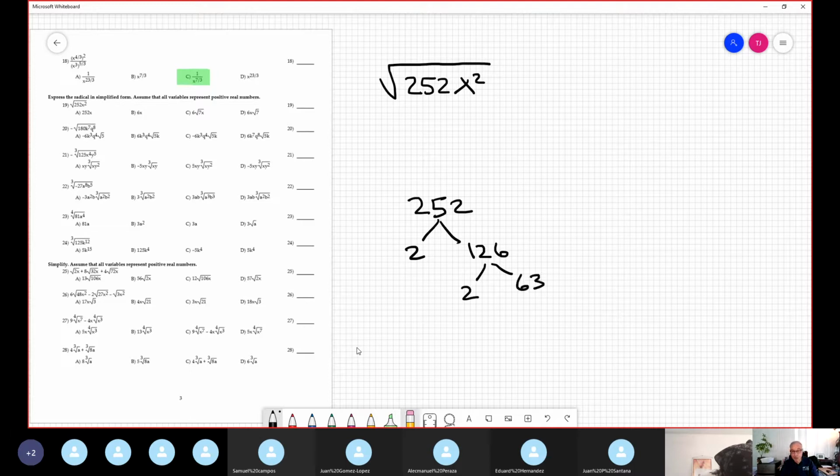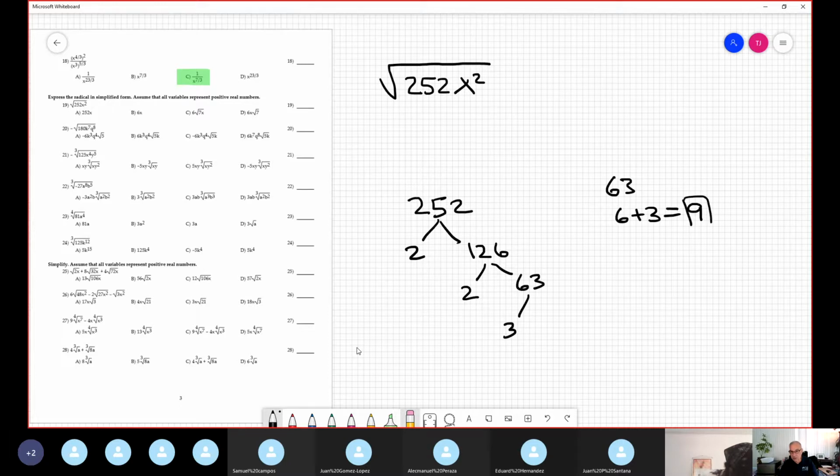63 is not divisible by 2, but it is divisible by 3. The rule to divisible is: 63, you add 6 plus 3 is 9, and 9 is a number that belongs to the 3 multiplication table. You have a big number, and you add the digits.